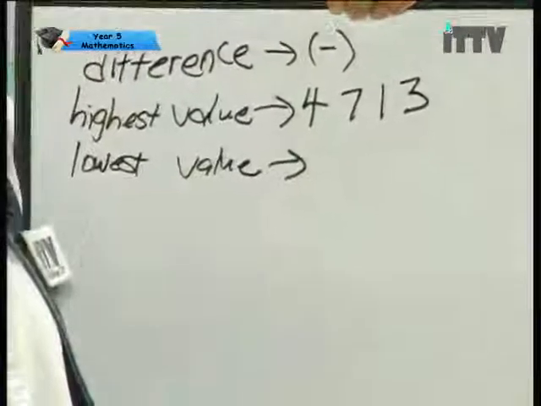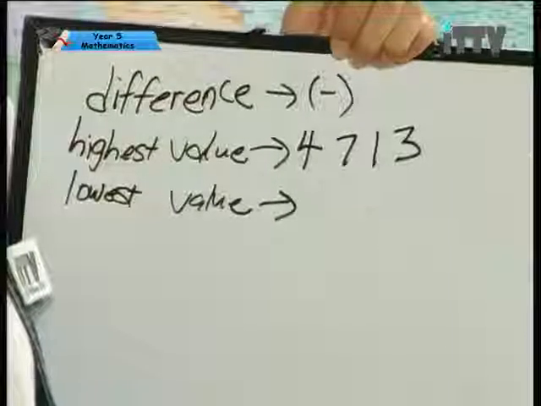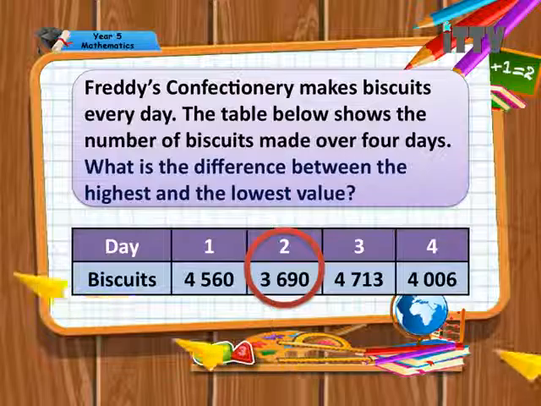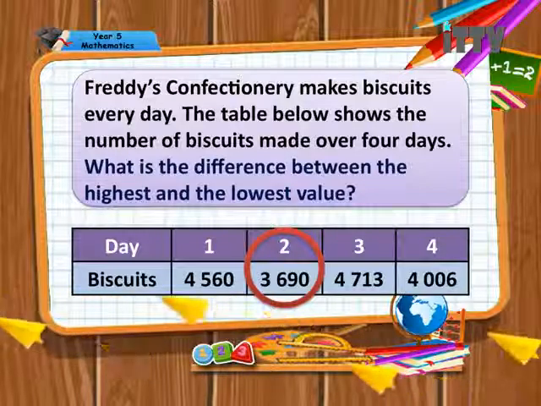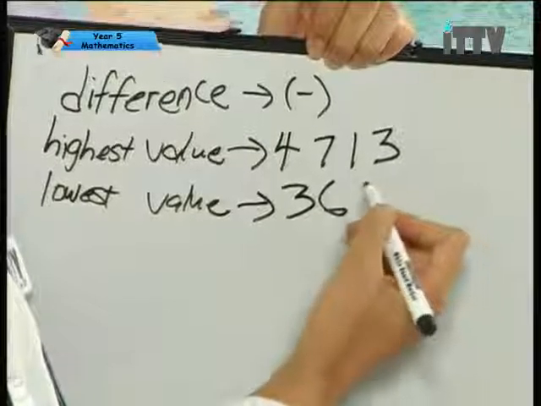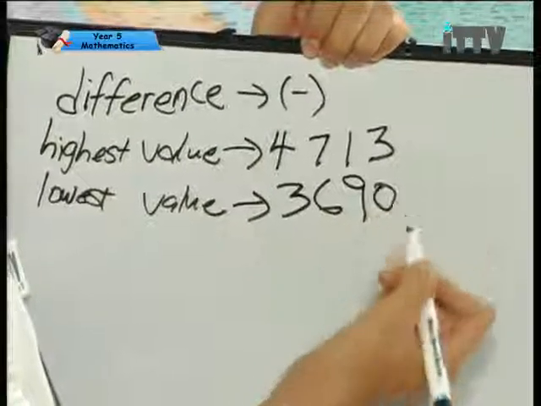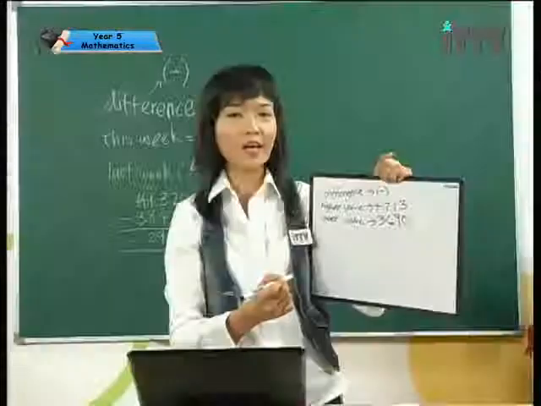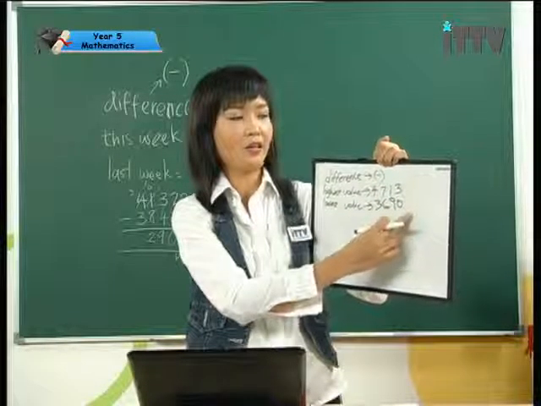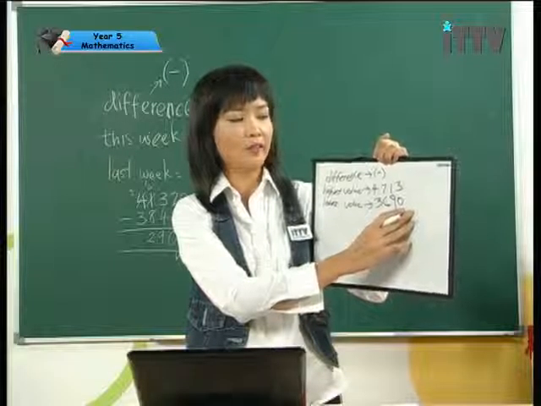How about the lowest value? The smallest one. On which day? Day 2. Because Freddy's Confectionery baked only 3,690 biscuits.